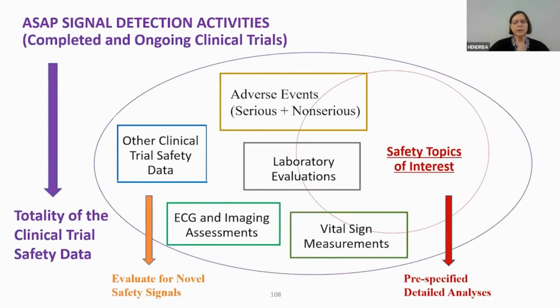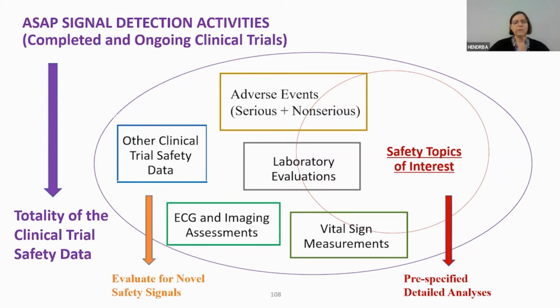So I've talked a bit about the safety topics of interest, and those in the ASAP have pre-specified data analyses to be done. However, the ASAP really is covering the totality of the clinical trial safety data.